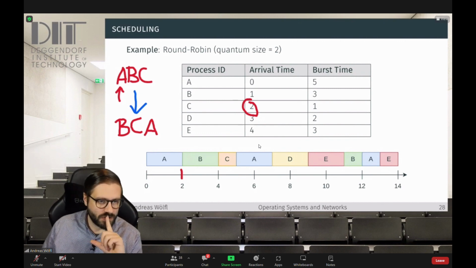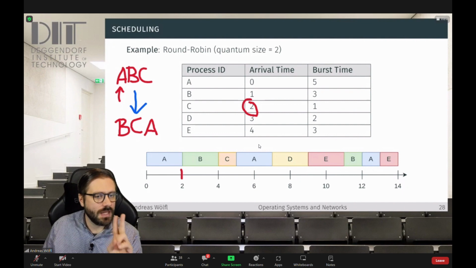And there you might have the question, if two things happen at the same time, what happens first? And the rule is we add newly arriving processes first before we do the context switch. New arrivals first, then the context switch. So we add C first to the list, and then we do the context switch where we initiate the execution of process B because it's the next in the list, and we add A at the back of the list.